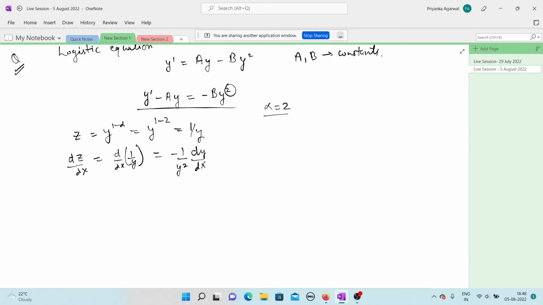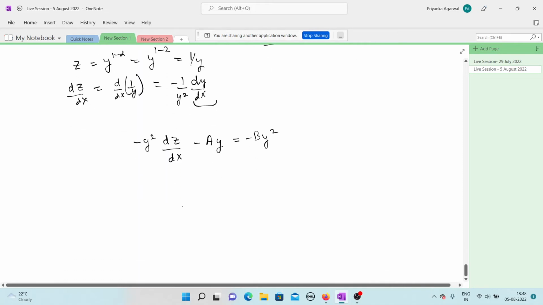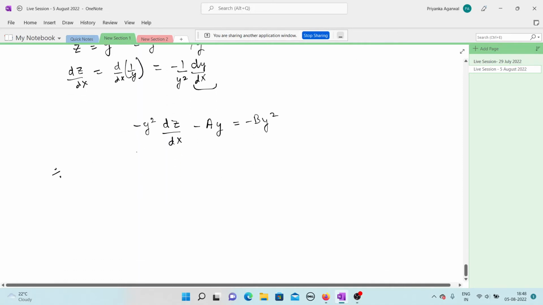So in this equation, y dash will become minus y square dz over dx, minus ay equals minus by square. Now divide this entire equation by y square. This will become minus dz over dx minus a over y equals minus b.